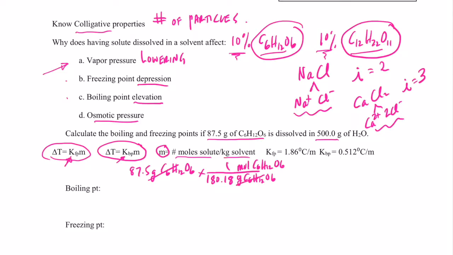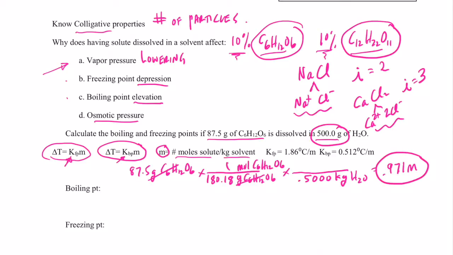So now I have moles of solute. And we'll divide that by kilograms of water. So we have 500 grams, so that'd be 0.5000 kilograms of my solvent. So let's see what the molality is here. We have 87.5 divided by 180.18 divided by 0.5000, and we get a molality of 0.971.